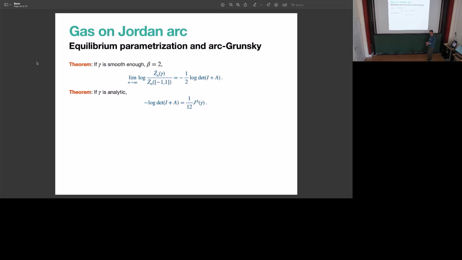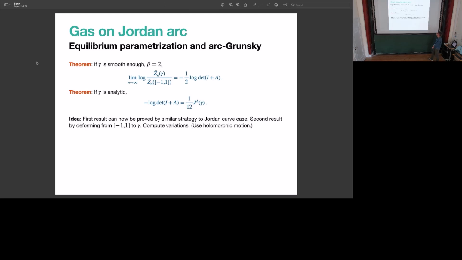This simplifies. To get to optimal regularity, one has to. Yeah, so how do you do it? Well, with the setup I explained, with this equilibrium parameterization, the Grunsky operator, and these various estimates that we prove about it, you set it up so that you can now employ a similar strategy as for the Jordan arc, but to prove the first result.